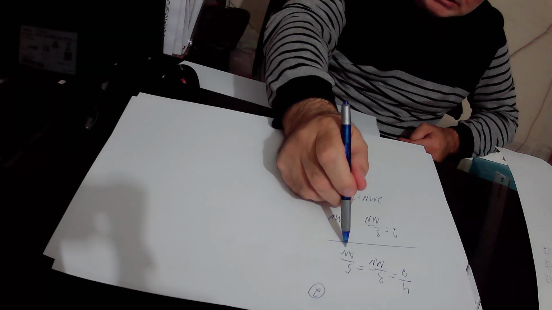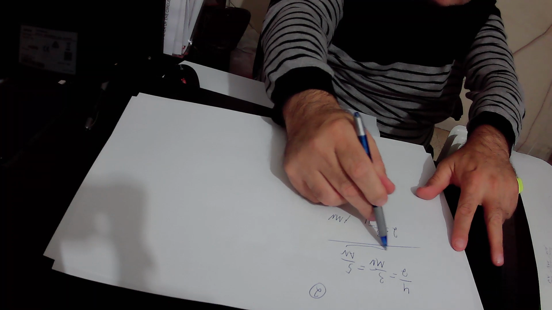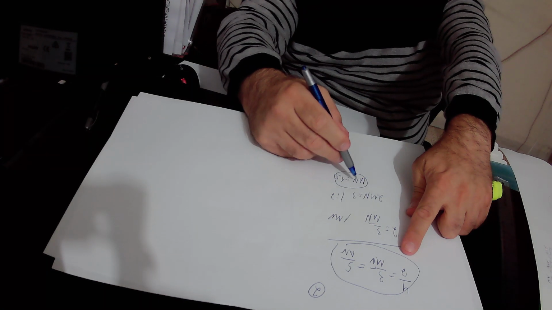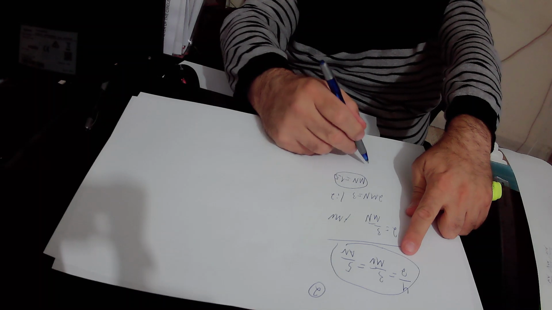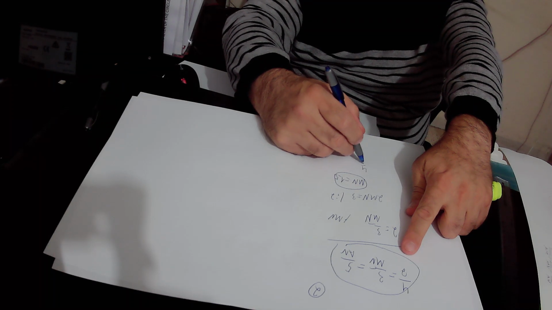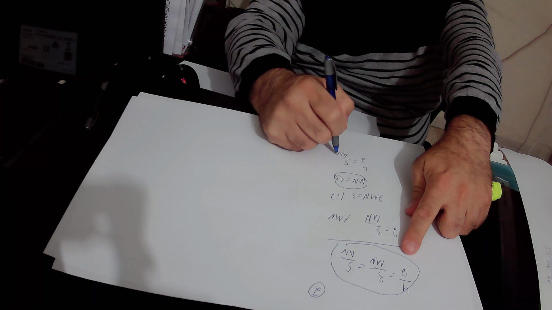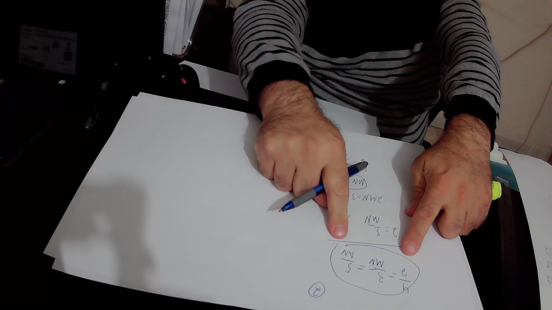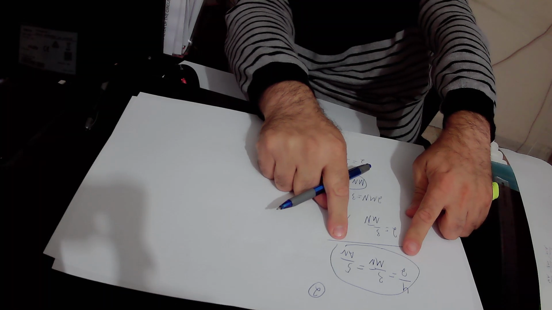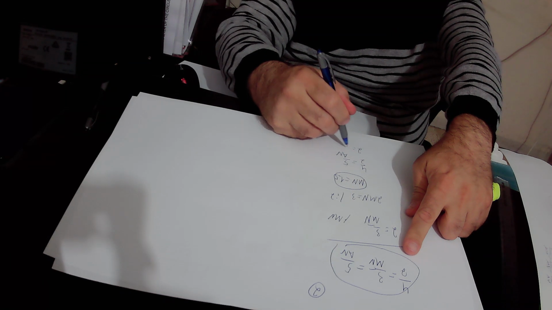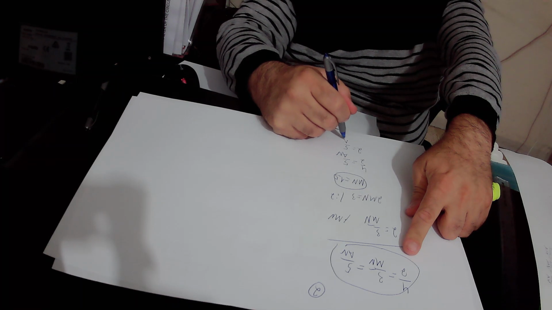From this equation, we can conclude that 4 over 2 equals 5 over AN. 4 over 2 is 2, so 2 equals 5 over AN.